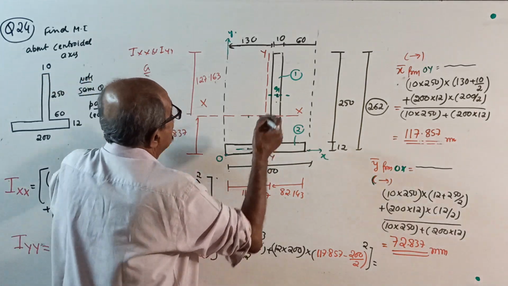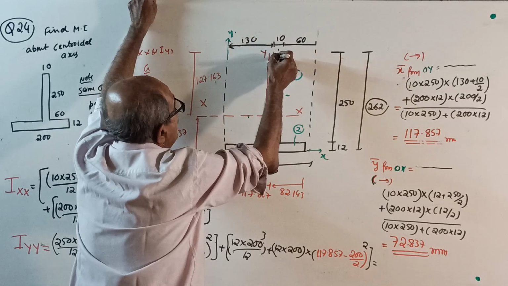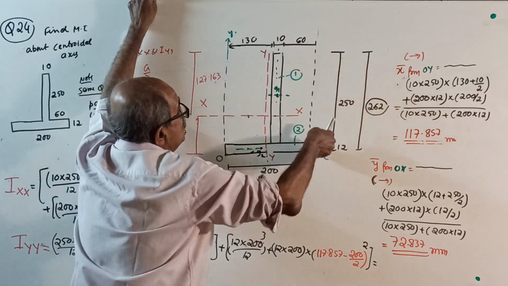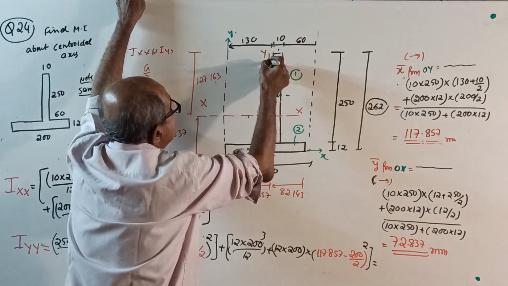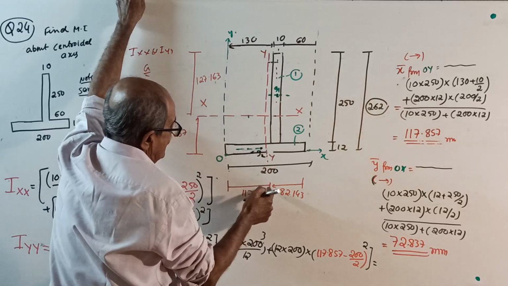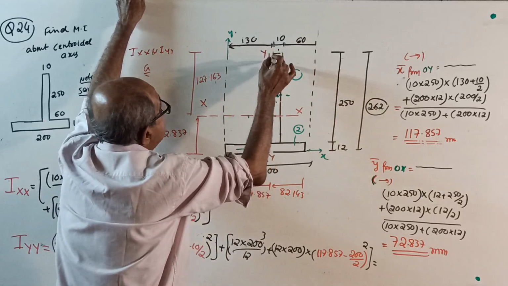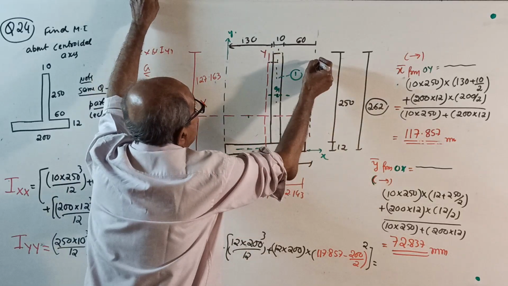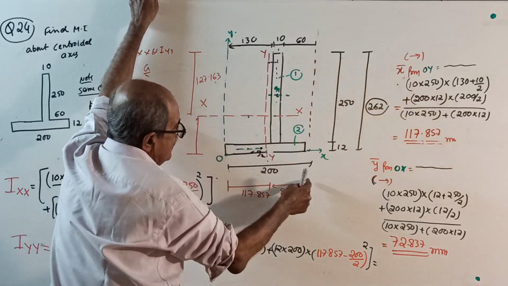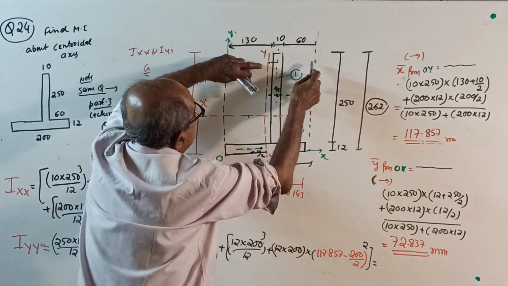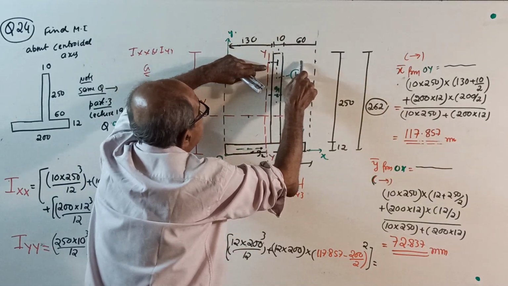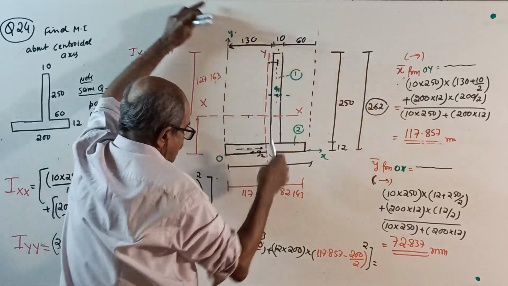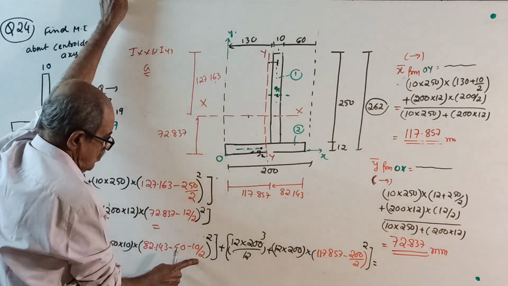Iyy, be little careful. First about its own axis, YY. 250 into 10 cube by 12 plus area into this distance square is how much? Look that side. From here to here is 82.143. From 82.143, subtract this distance, 60 plus half of 10.